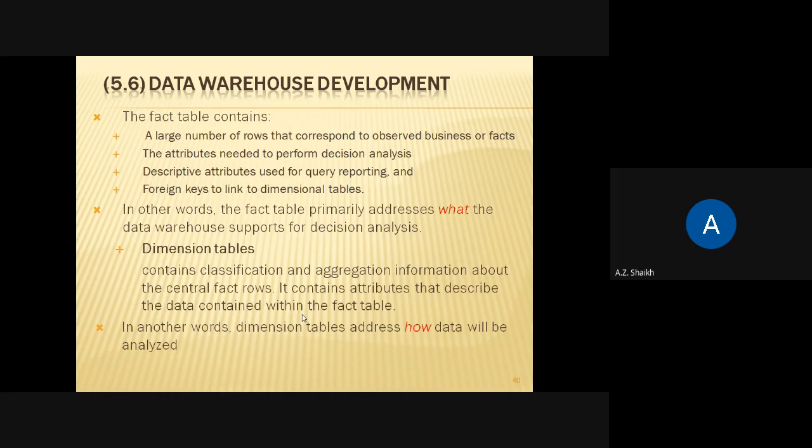The fact table gives what data is required for the decision analysis, and how to analyze that data is given in the dimensional table. What we require and how to analyze. Clear to everyone?